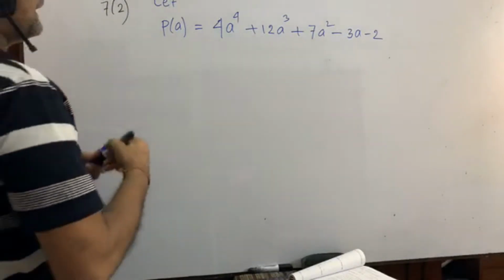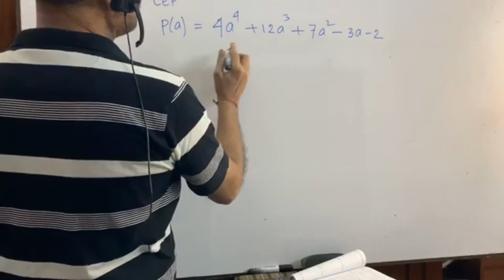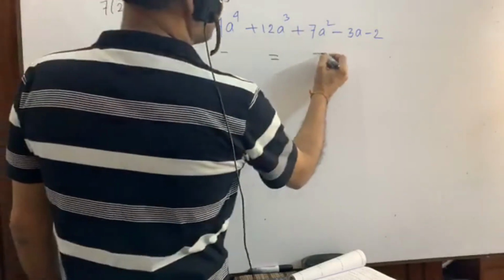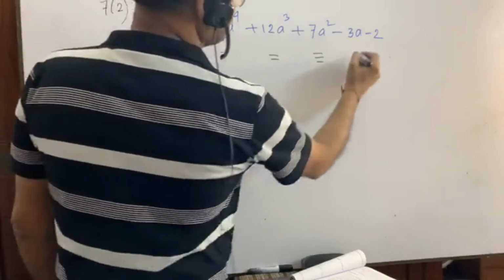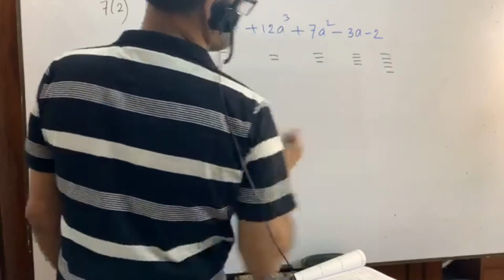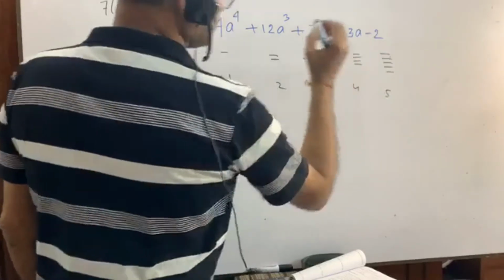Now you see, this is the first position, this is the second position, this is the third position, this is the fourth position, and this is the fifth position.